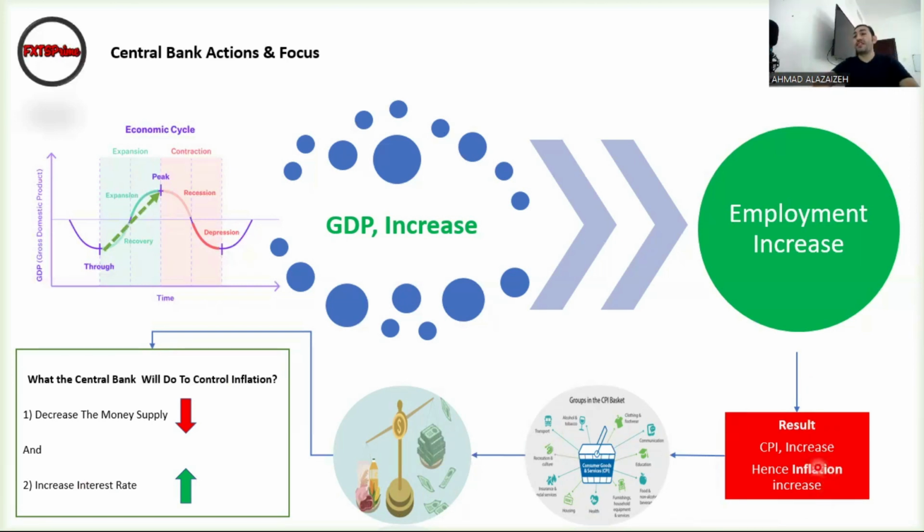If you see that the CPI is going higher, then you anticipate that the central bank will decrease the money in the market and raise the interest rate. At the beginning of this time, the central bank will raise the value of the money, so the price of the currency will go up and the commodities will go down.